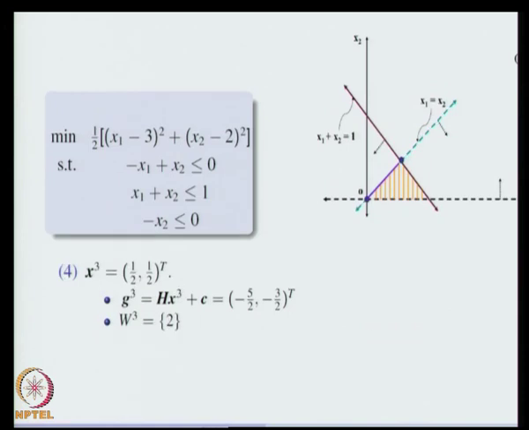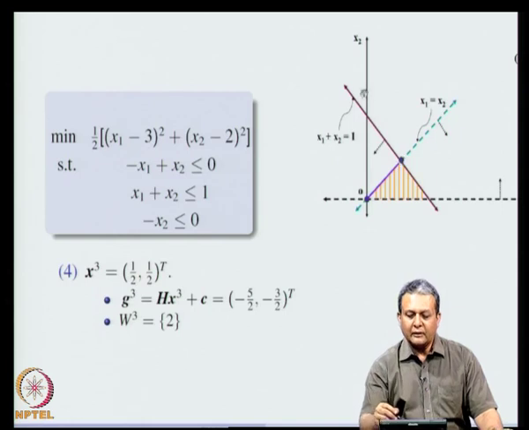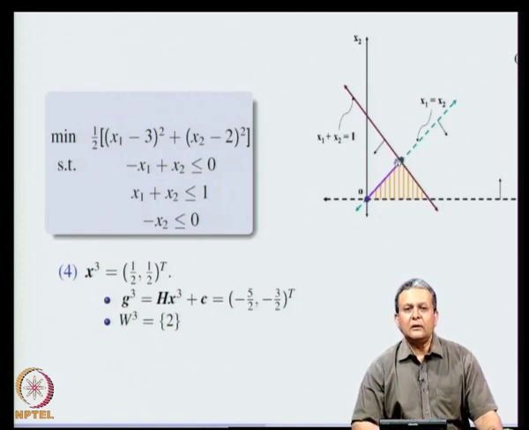So, at the next iteration, you will see that at this point, this is the only constraint which is active. This constraint is dropped from the working set. Now, what is the next direction d that we should take with respect to this working set, so as to improve the objective function?